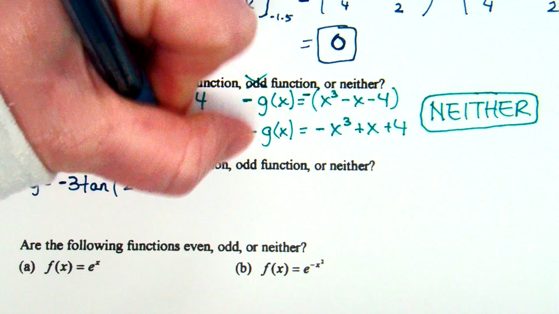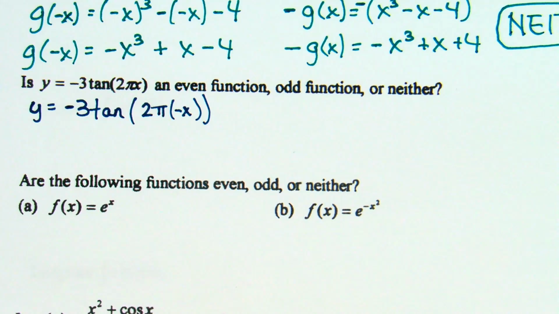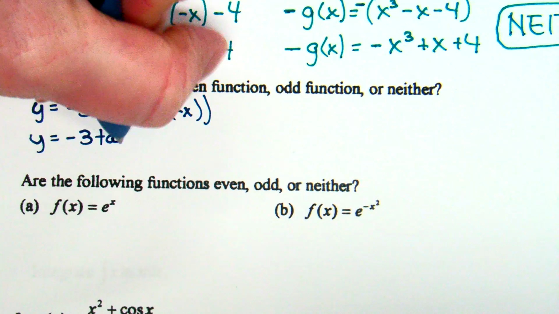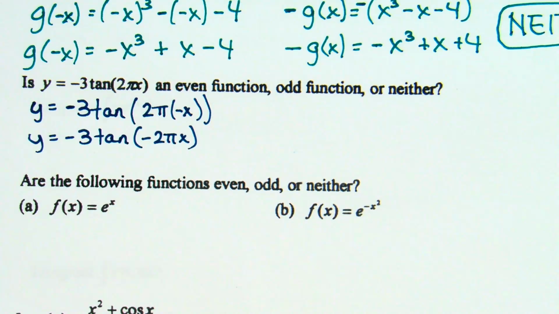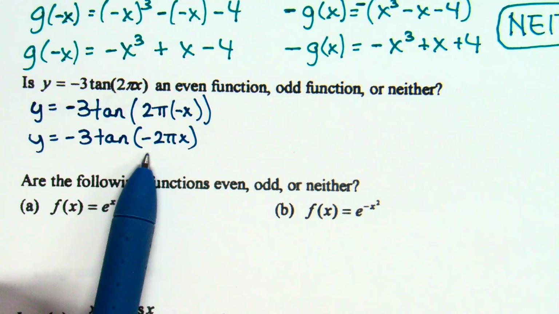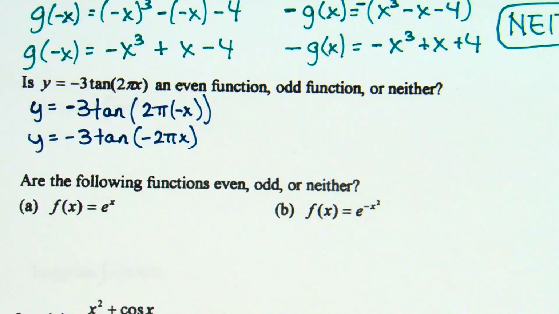So negative 3 tangent of 2 pi times negative x. Well, what is 2 pi times negative x? Negative 2 pi x. So this is equivalent to negative 3 tangent of negative 2 pi x. Now, we have some trig identities from last year that tell us when there is a negative inside a tangent, what does that convert to when you take that negative outside?